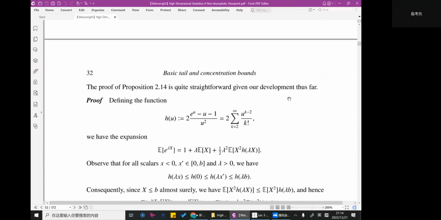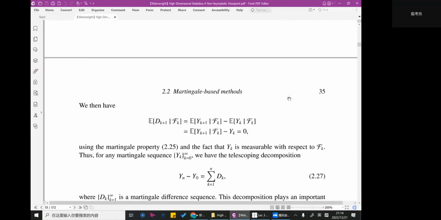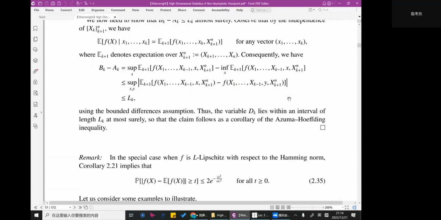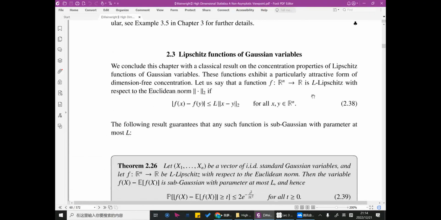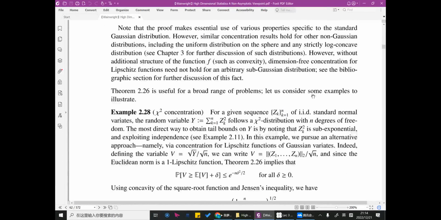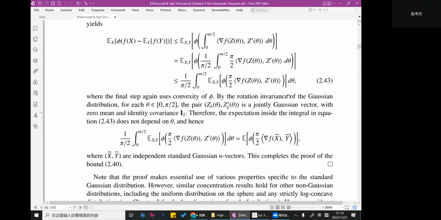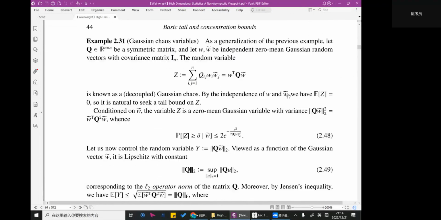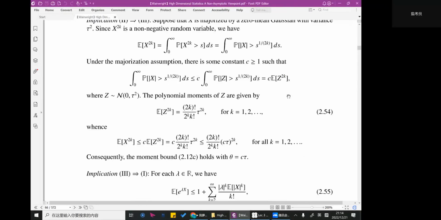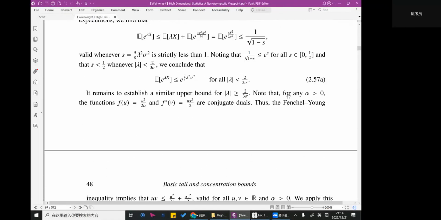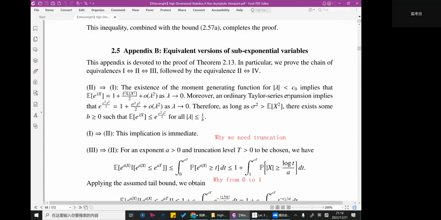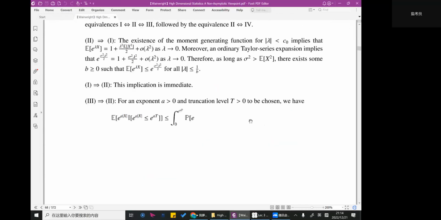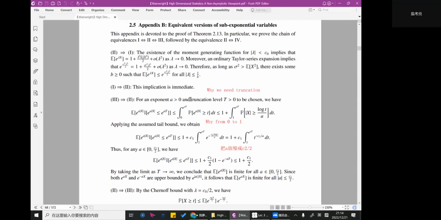Section 2.5, appendix B. I remember I made some notes here. So there are several tricks the author used to prove the desired results. So first of all, the author sets a truncation level t. So why do we need this truncation?